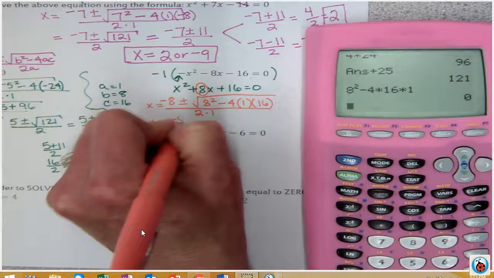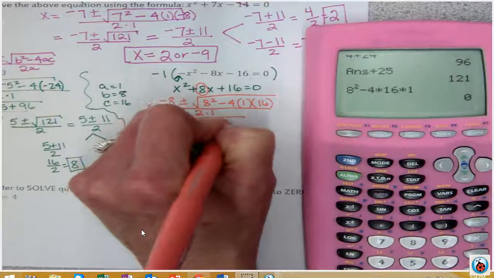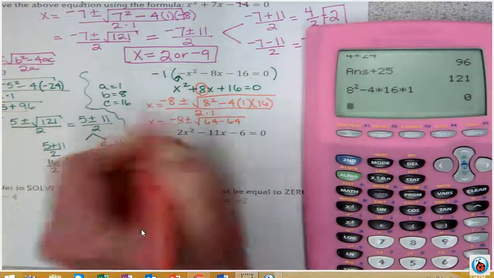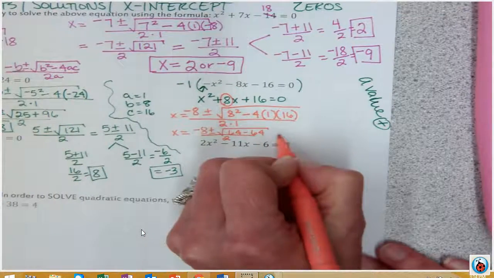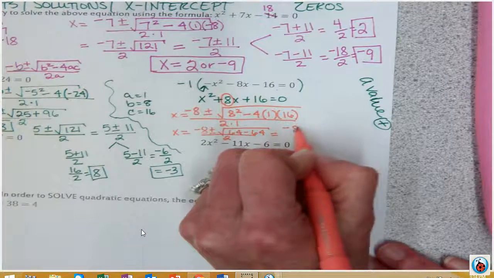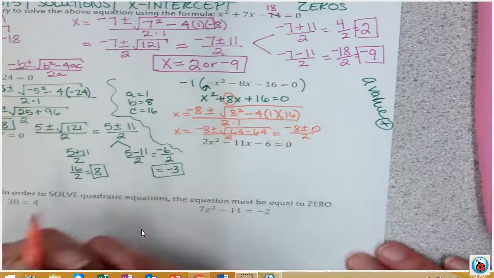Because I've got negative 8 plus or minus 64 minus 64 all over 2. So that's going to equal negative 8 plus or minus 0 divided by 2.